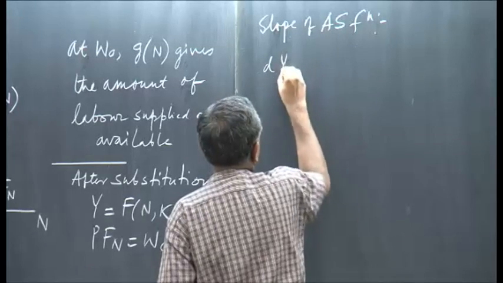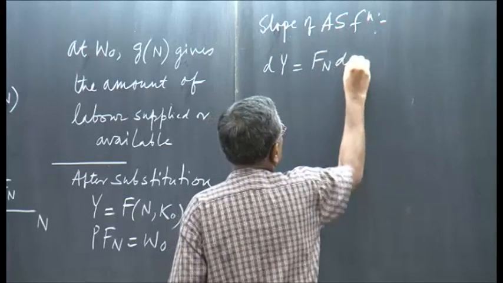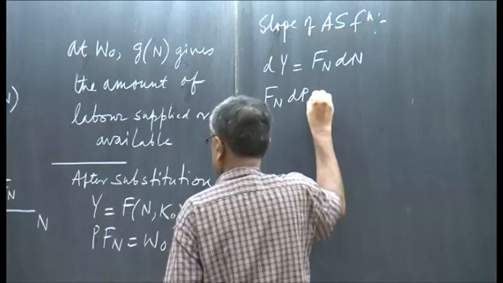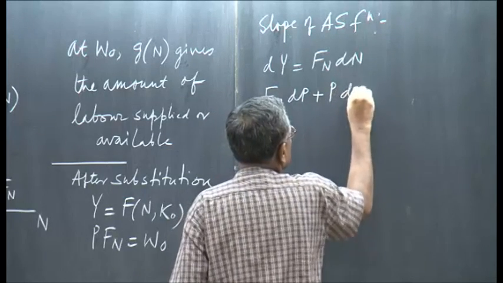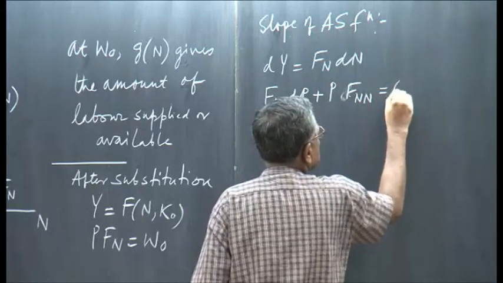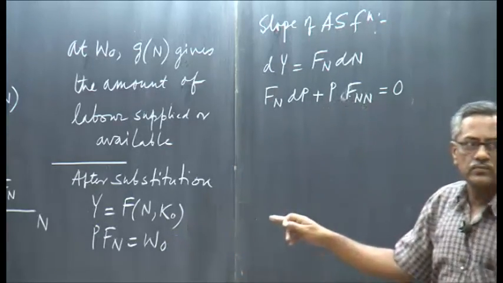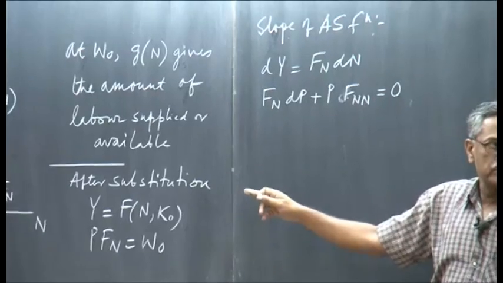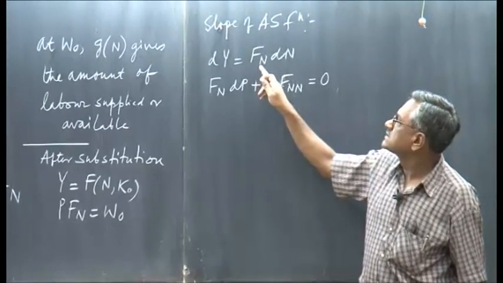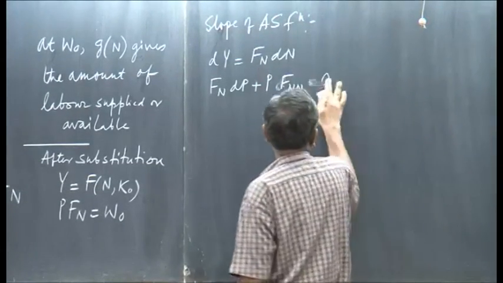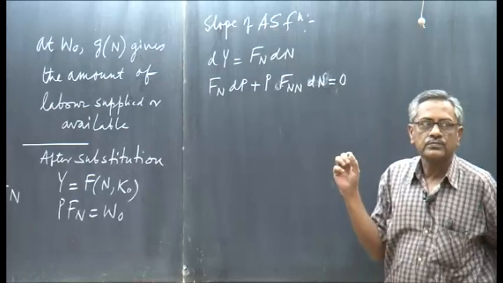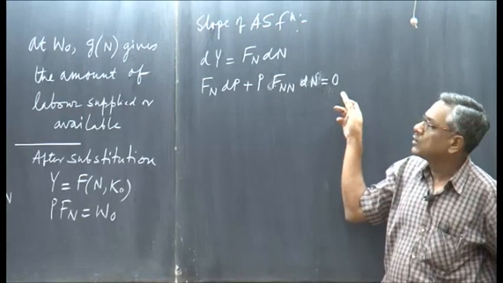Totally differentiate this. So, dy is equal to Fn dn, and the second equation will have Fn dp plus p Fnn dn, which is equal to 0 because dW naught is 0. So, Fn dp plus p Fnn dn is equal to 0.